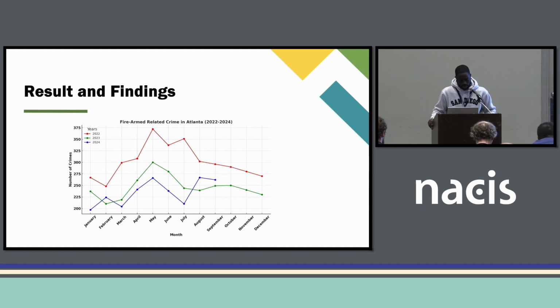In 2023, we also see numbers around 300 crimes, and you can see the trend in each month. In 2024, there seems to be a reduction in firearm use in crime. But I did the analysis till September, so we hope it keeps decreasing into December.